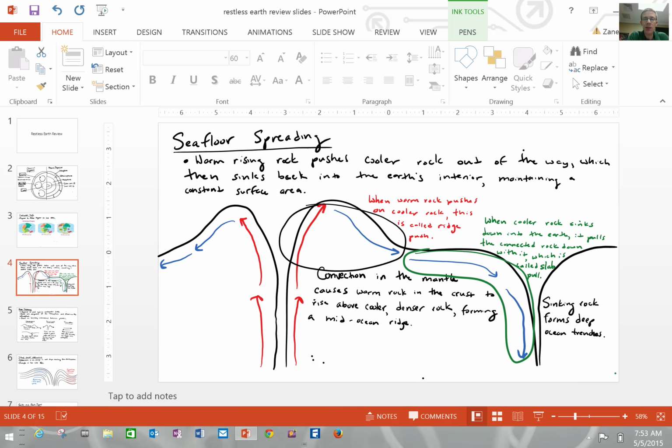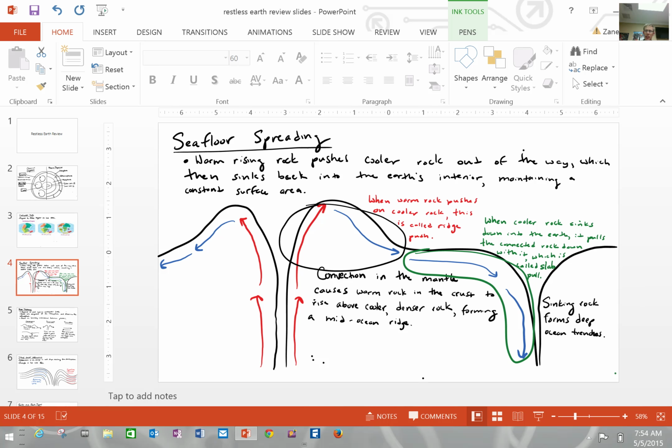Now, this puzzled scientists for a long time, because if we're always spreading out our continents and our sea floor, our Earth would be expanding its surface area, and we all know that really can't work because the law of conservation of mass states that we can't change an object's mass. We can't just keep putting stuff into the Earth to make it accommodate that surface area change. So if we're always expanding and spreading out the seafloor, it's also got to be going somewhere to recycle itself.